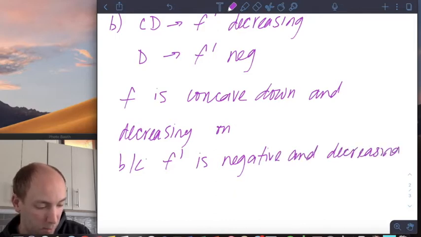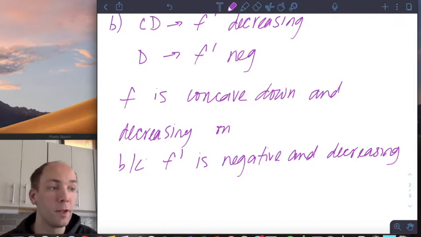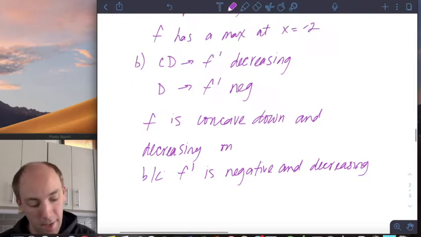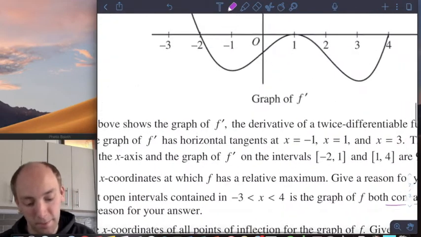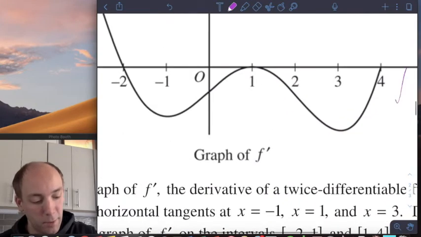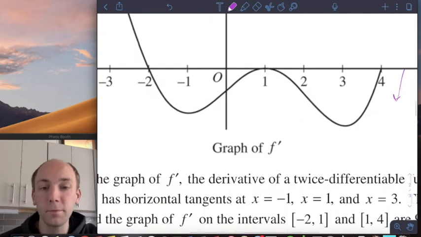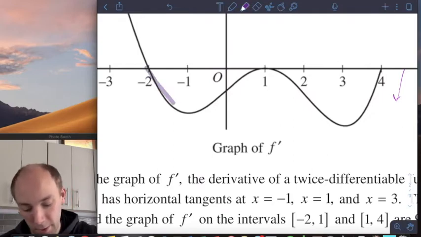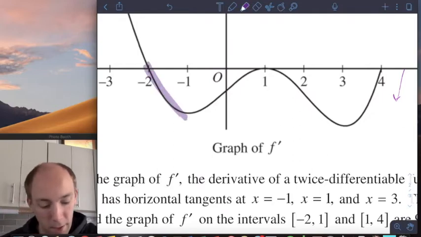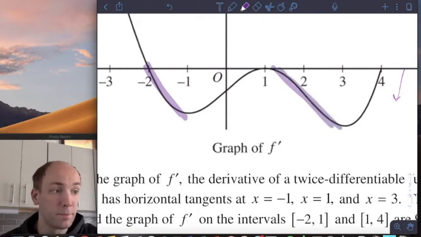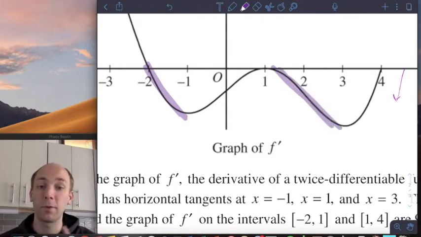Let's take a look at the graph and figure out where we are negative and decreasing. We're negative everywhere beneath the x-axis. And now I want to figure out where I am decreasing. I'm decreasing from -2 to -1 and from 1 to 3. That's where I'm below the x-axis and I'm decreasing.